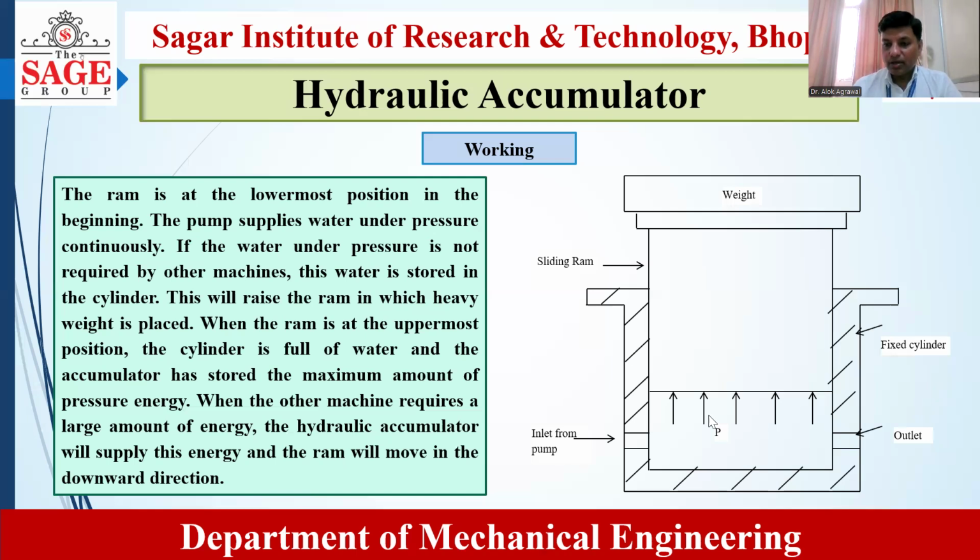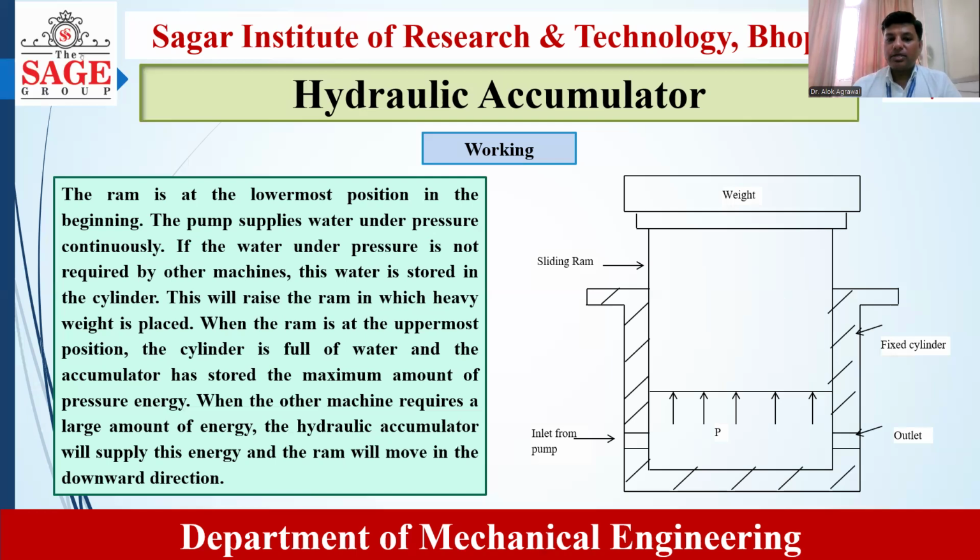Again, let us see. It is first at the lowermost position. Water is supplied by the pump. Under pressure, it will lift this sliding ram to the uppermost position. Once it reaches the uppermost position, it has a maximum amount of pressure energy.